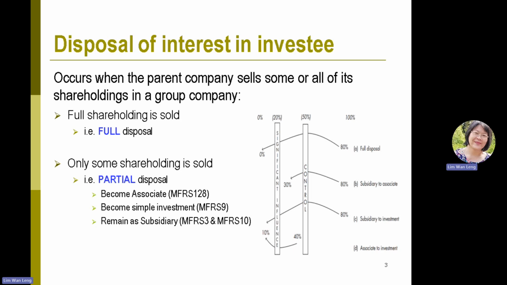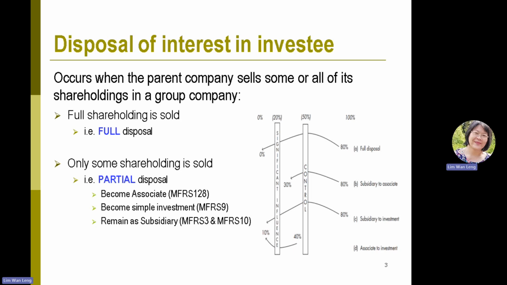At the same time, because it is a partially owned subsidiary, all your NCI will also have to be eliminated, because if you are already at zero percentage of shareholding in the investee company, it shouldn't be reflected in the consolidated financial statement at the end of the day. So no consolidation, no NCI, no goodwill as well. Everything will have to be eliminated.